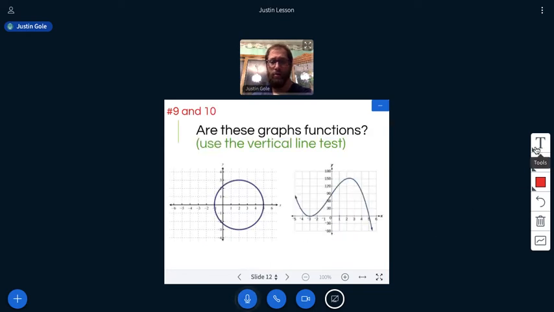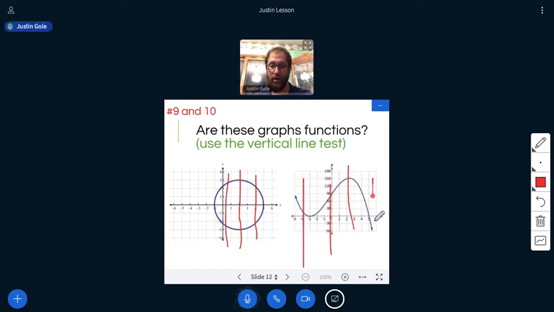Let's look at two more here. Take a second and try to figure these out at home. All right, so we might notice here, pretty easy to draw a line that goes through multiple points, right? On this one though, there's no vertical line I can draw that goes through 2 points.